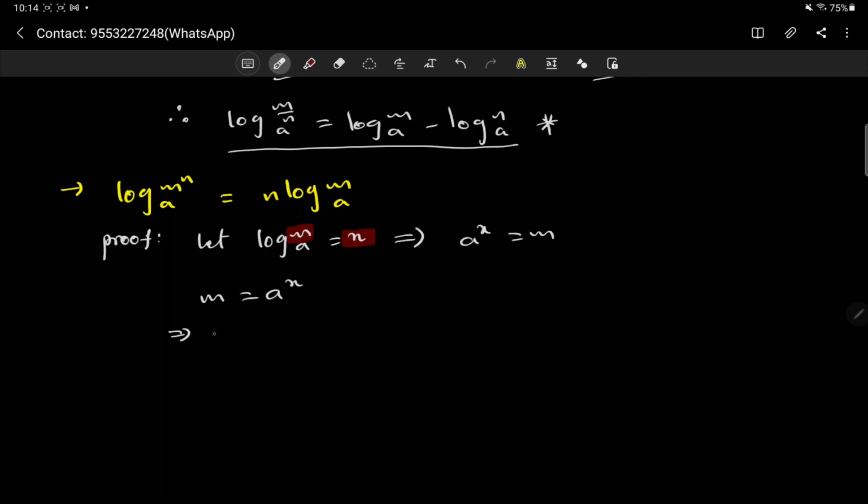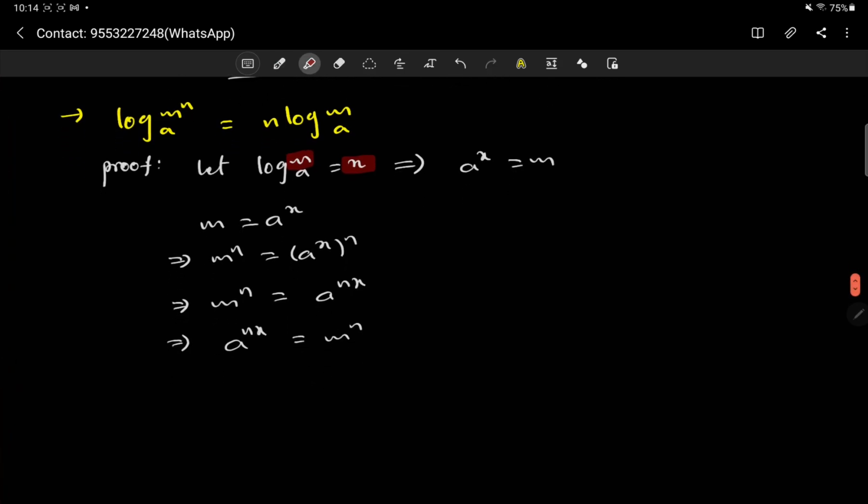Now taking power n on both sides, m power n is equal to a power x power n. Now this becomes a power nx, and on this side we have m power n, right? So now you see here, a power nx can be taken as m power n.